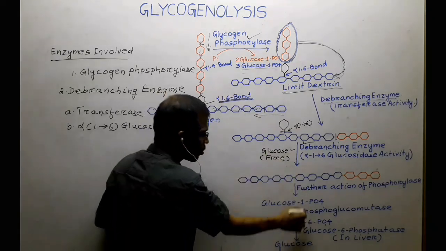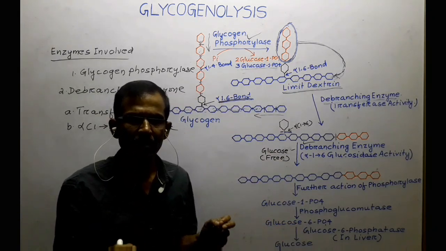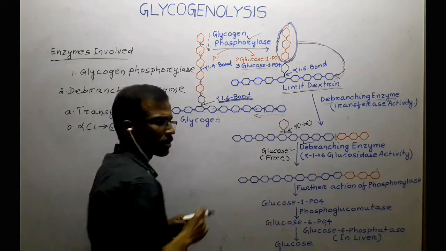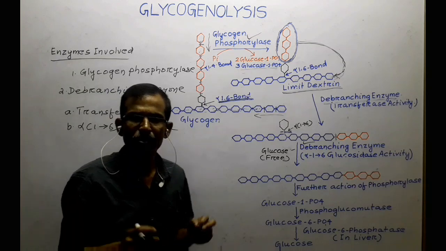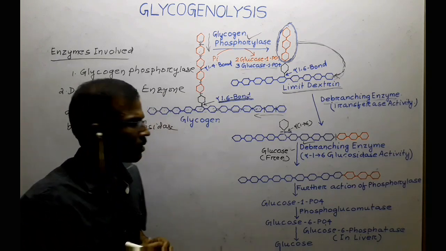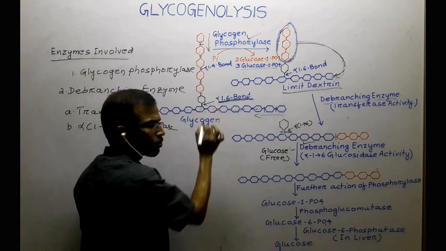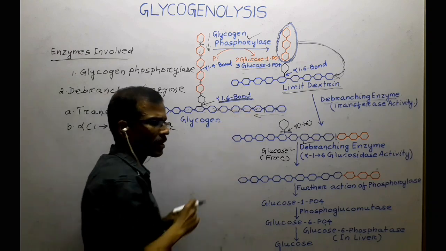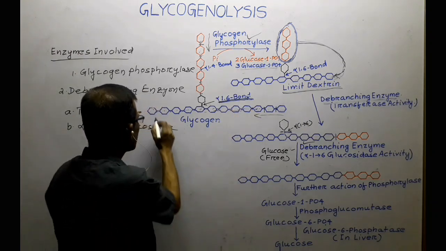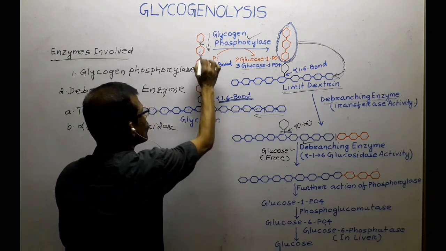This figure shows the reaction steps of glycogenolysis, and it is the part of a glycogen molecule having two types of glycosidic linkages. The linkages which are present at the branch point are alpha-1,6, whereas all the remaining glycosidic linkages are alpha-1,4.